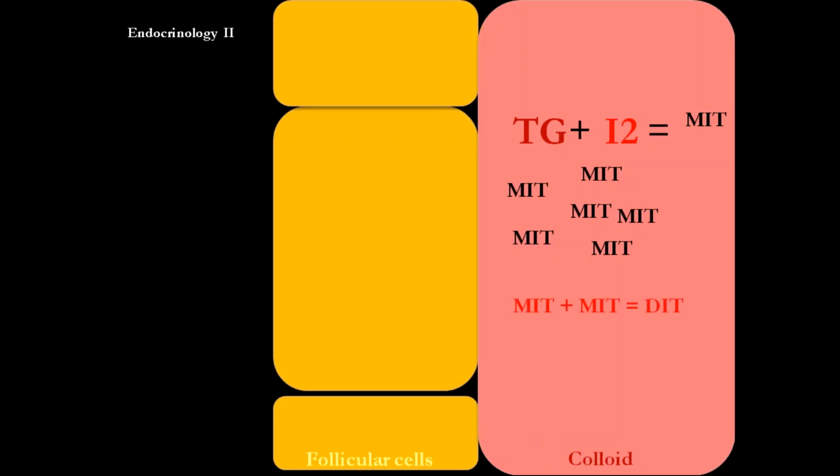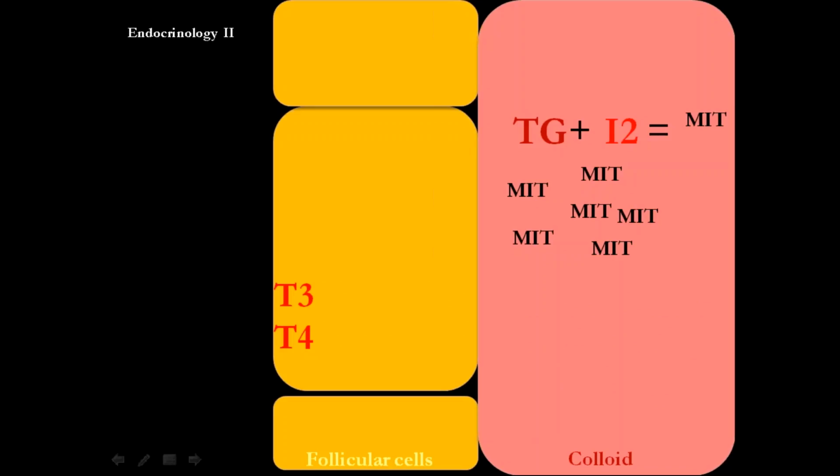So now we just mentioned that all these elements, the iodine and thyroglobulin, are found here in the colloid. And the DIT, T3 and T4 are in the colloid. All these, MIT, DIT, T3 and T4, are going to go into the follicular cell.